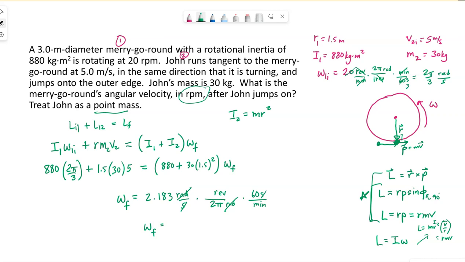Make sure you have parentheses when you're dividing by 2 pi. I'm getting 21 RPM, because I'm getting revolutions per minute. So it is traveling faster than it was before because John was running in the same direction. He had angular momentum, which was part of the system, and so together they now are rotating a little bit faster than the merry-go-round was rotating originally.